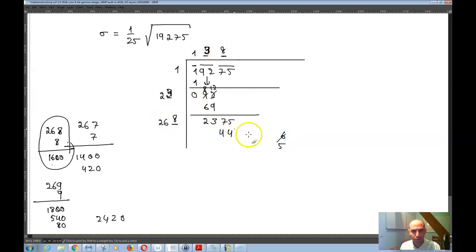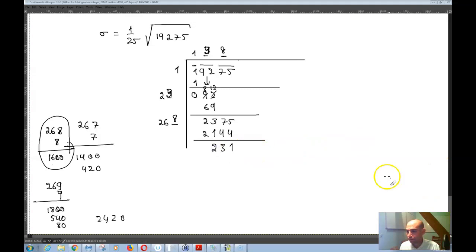And 8 times 2 is equal to 16. 16 plus 5 is equal to 21. I'm not sure if I'm right here. 8 times 268 is equal to 2144. Okay. Now this makes it 231.